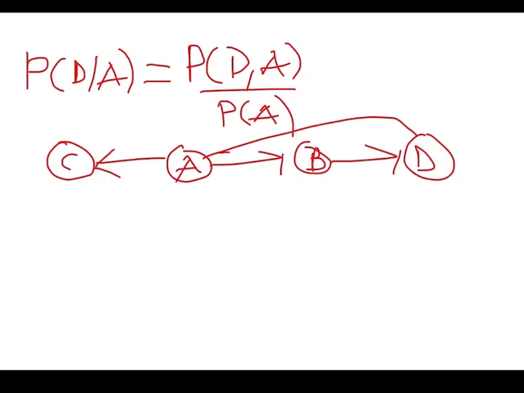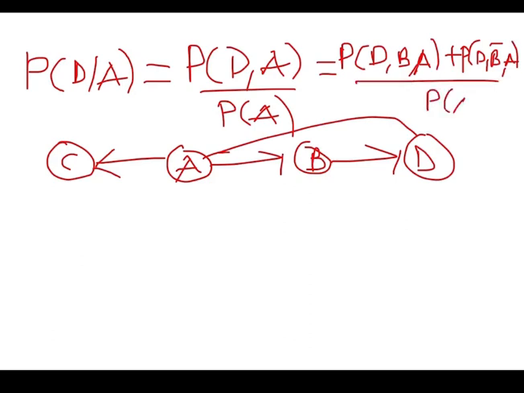So if I want to rewrite the probability of D, I'm going to write the probability of D, B, A, plus the probability of D, A, B bar, all divided by the probability of A. Any question about how I write that?